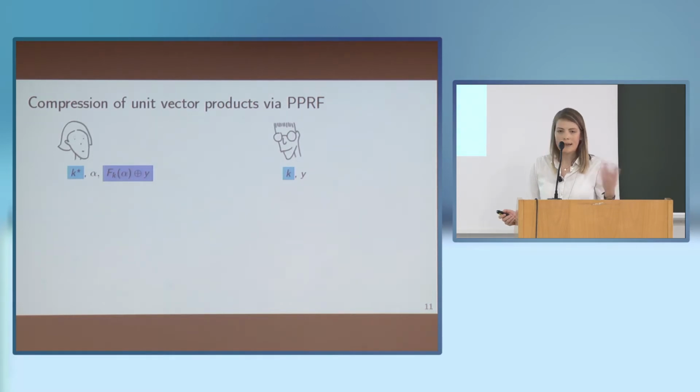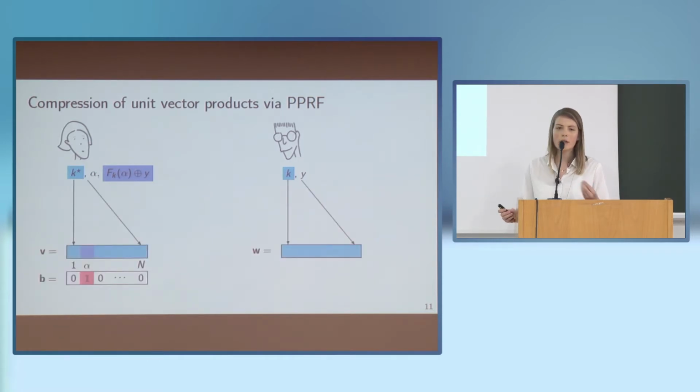And then the idea for the PCG is very simple. Bob has just a key and this offset Y, and Alice will get a punctured key, and at the punctured position, the value will be used to blind the term Y. And then the two parties can locally expand, meaning just evaluating the PRF on all values, except for the one value that Alice cannot evaluate, where she will just put the value that she got.